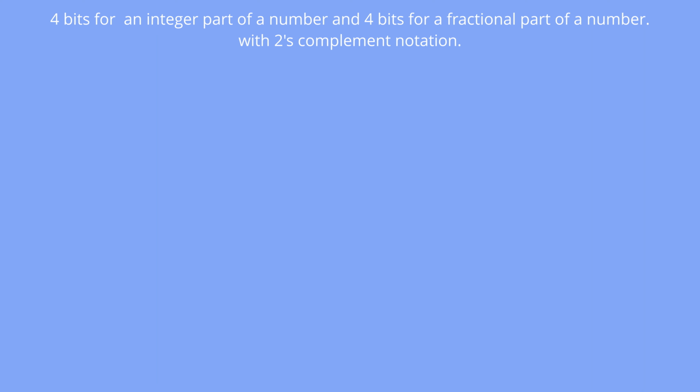Let's consider an example of an 8-bit fixed point binary fraction with 4 bits for the integer part and 4 bits for the fractional part with 2's complement notation. We have the number 01011010. This number is a positive number because its MSB equals 0.